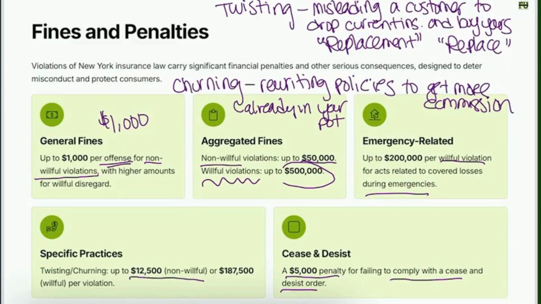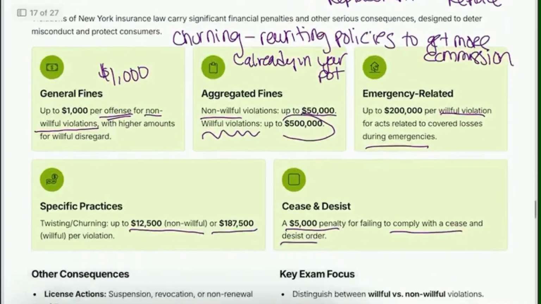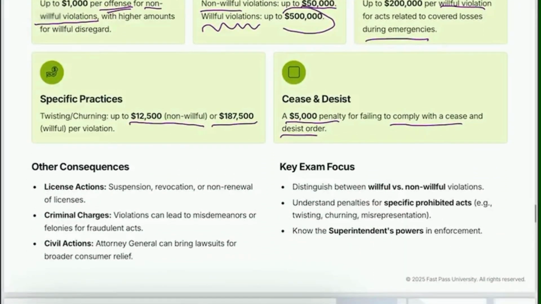You can also face criminal charges. Violations can lead to misdemeanors or felonies for fraudulent acts. Civil actions: Attorney General can bring lawsuits for broader consumer relief. Key exam focus: distinguish between willful versus non-willful violations. Understand penalties for specific prohibited acts, such as twisting and churning. And know the superintendent's powers in enforcement.